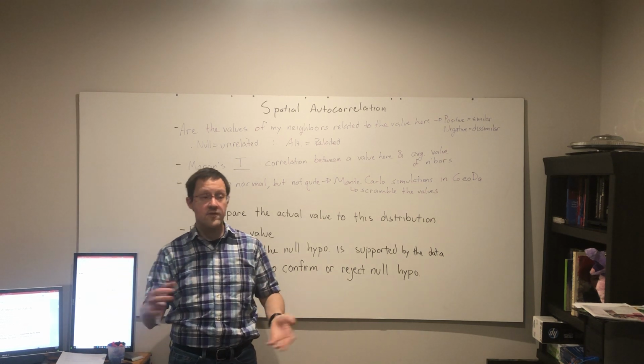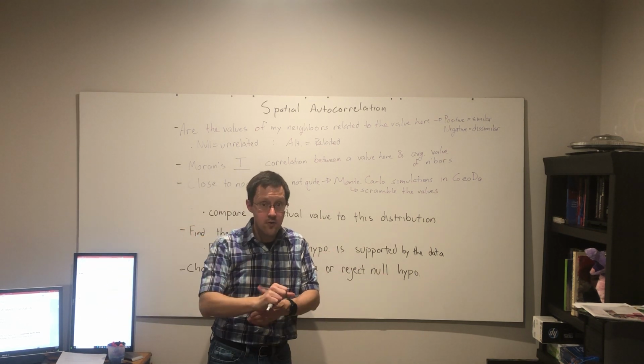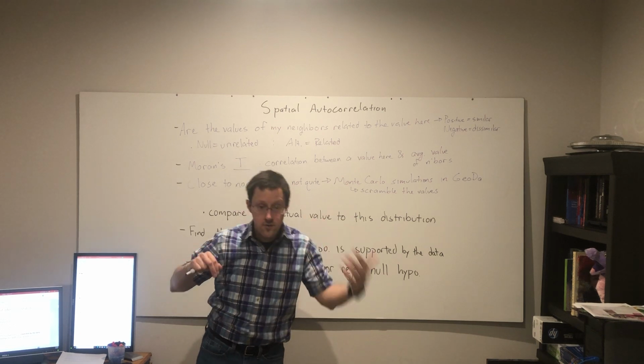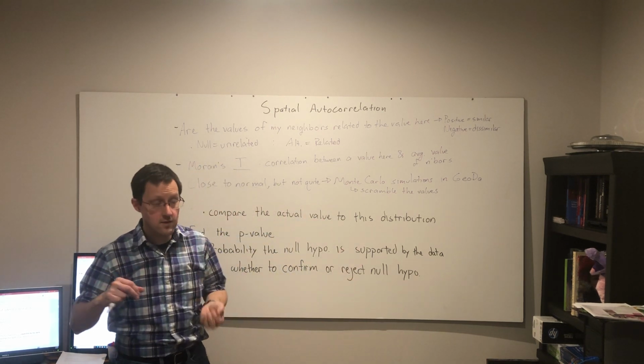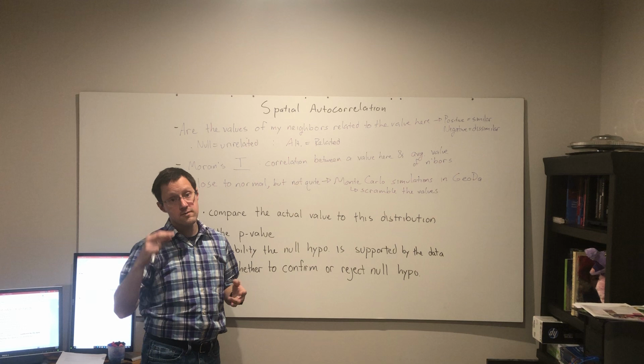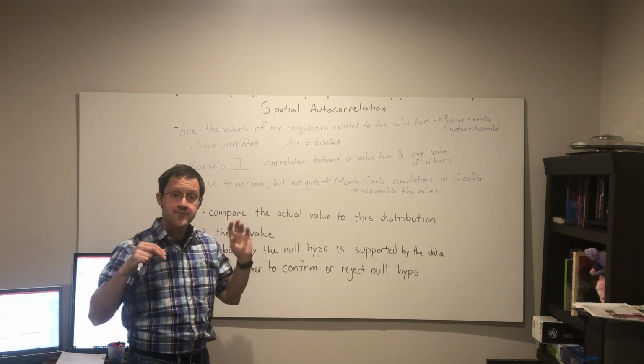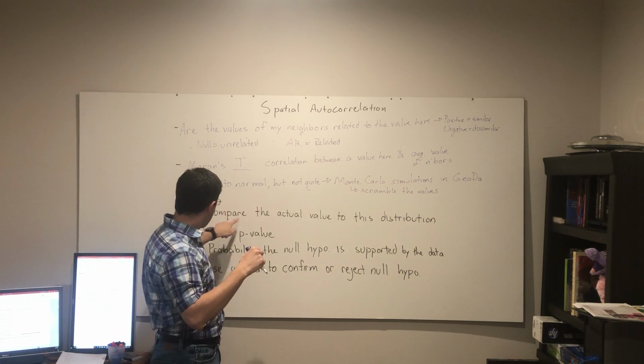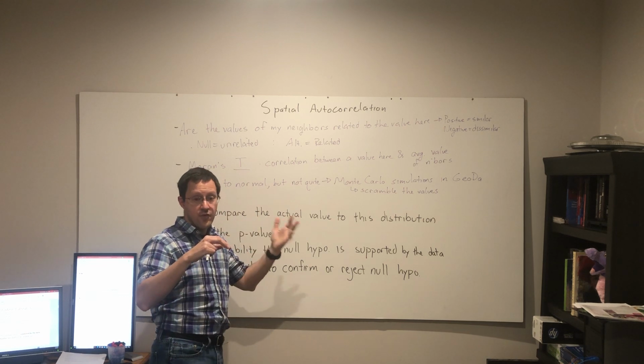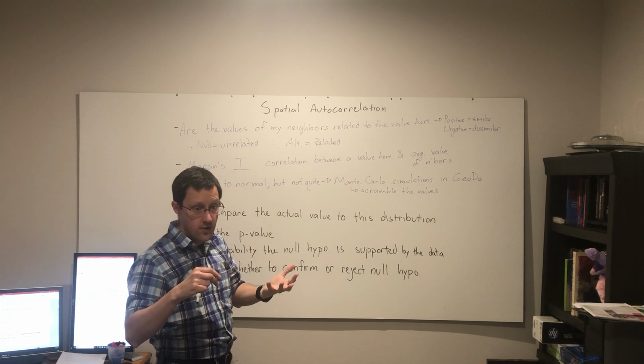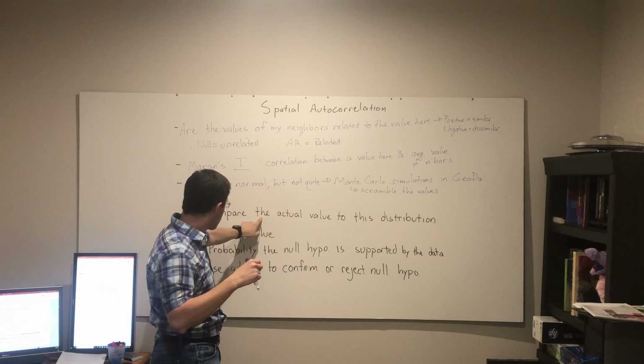If they're randomly reassigned, I can assume there's probably no autocorrelation there. And I do that, scrambling 999 times, or whatever you pick, probably 999. And then I have those values, and I can compare the actual value to that.